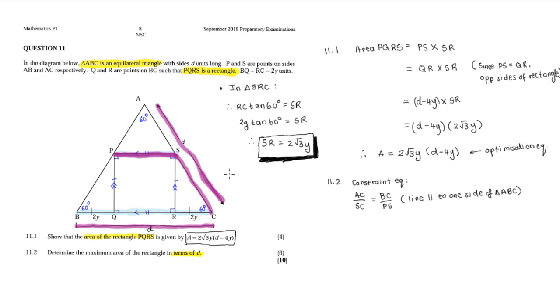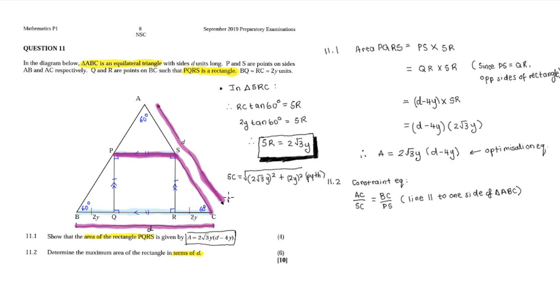So SC is just going to be the square root of SR, which we know is 2 root 3y, squared, plus our C, which we know is 2y, squared, and this is the theorem of Pythagoras.